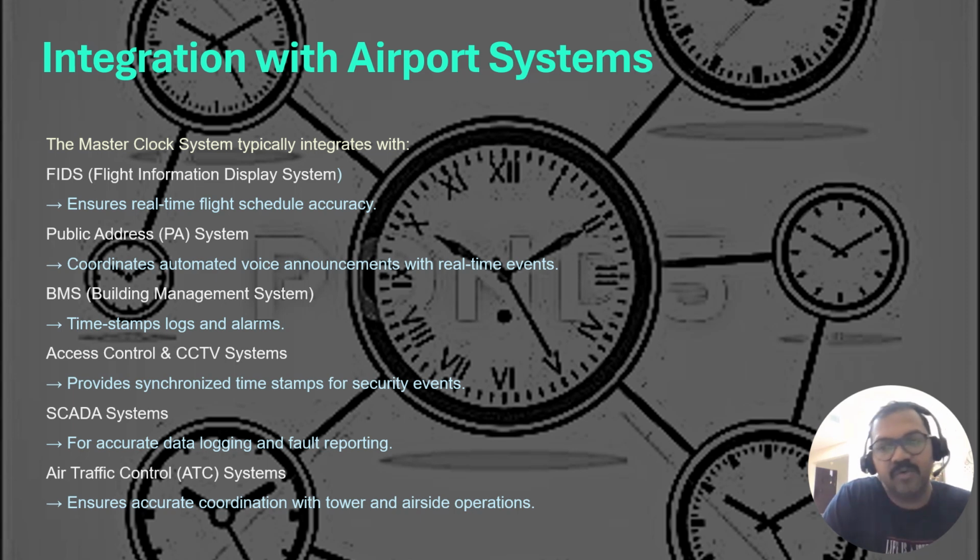The SCADA system, a remote system, provides accurate data logging and fault reporting. Then the ATC, air traffic control system, ensures accurate coordination between the tower and airside operations. Here the major point is the coordination between tower controllers, airside operations, and ground operations. This time log should be maintained as per the recorders also, VDR.